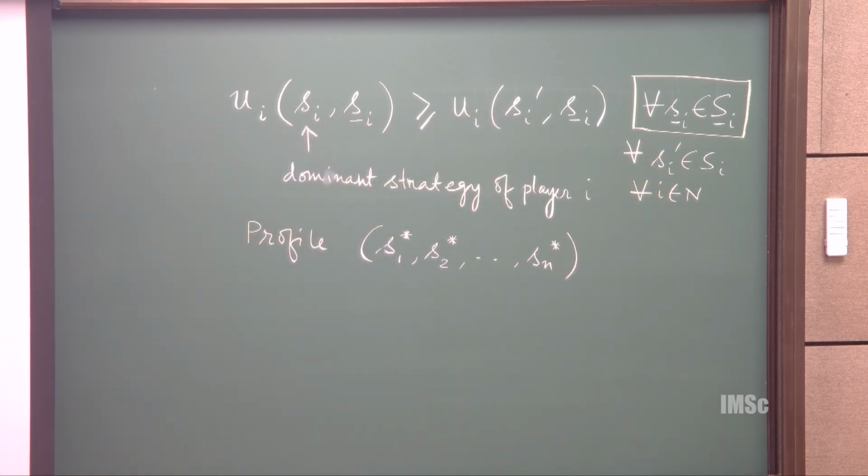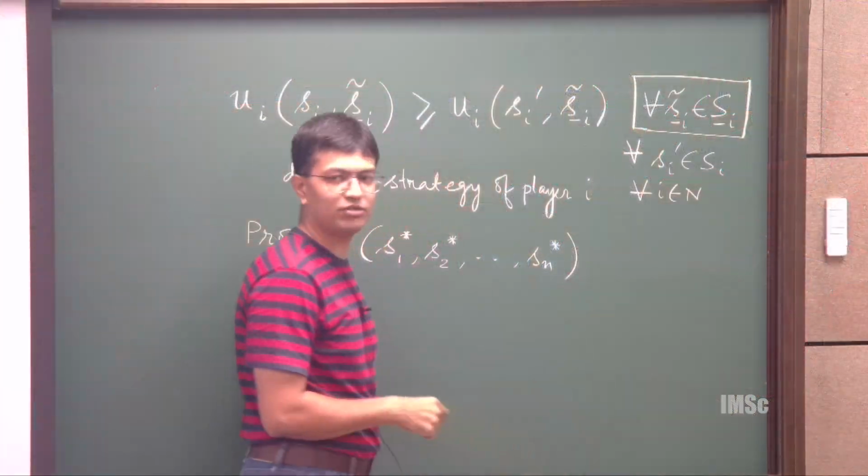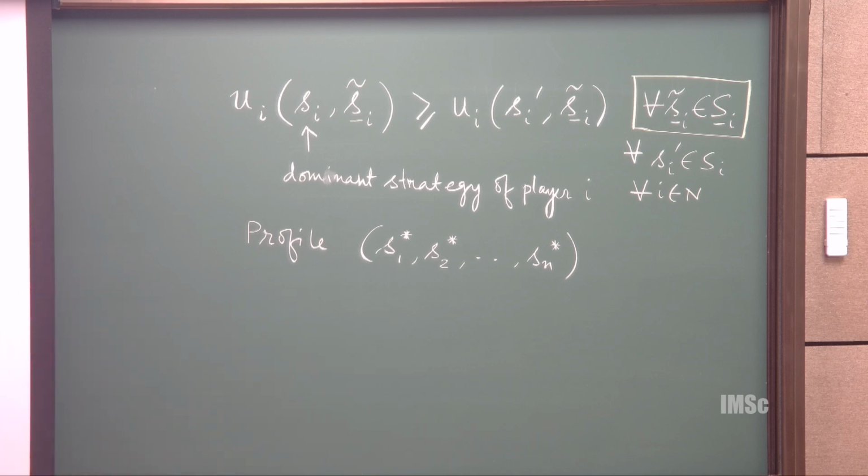In dominant strategy, it is irrespective of what the others do, so it should be S_minus_i prime, right? I'm not saying anything about this, so you can choose whatever, because it's just a running variable. You have to do it for every possible strategy, just like S_minus_i prime in this case can be agriculture or war. If there were more strategies, those would also be included.